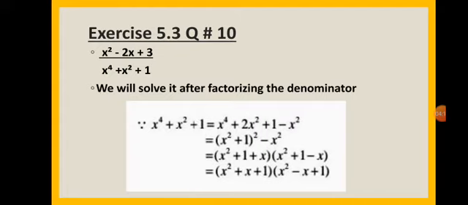So in this way we have used 2x square instead of x square to make a perfect square of first three terms, but we have only x square. That's why I subtracted minus x square to balance the coefficients of x square.